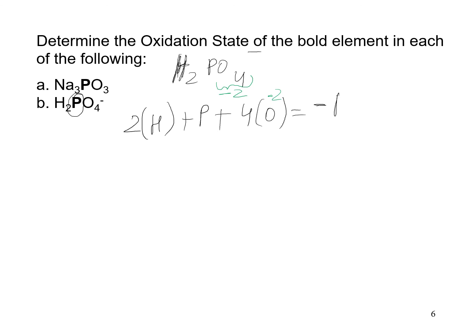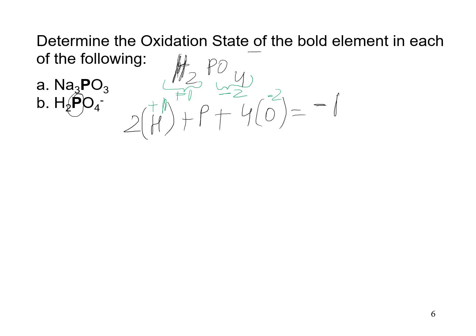The next rule was about hydrogen: the oxidation number of hydrogen would always be +1, except if it's making a compound with one of the metals. In this case, the exception is not true. So what would be the charge of hydrogen in this case? I can assume each hydrogen is +1.